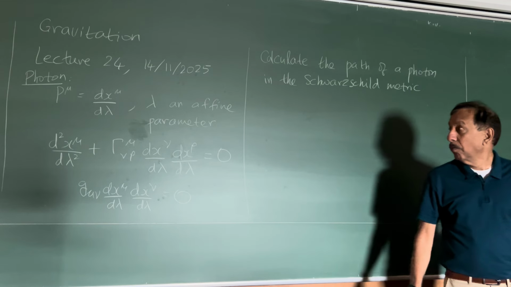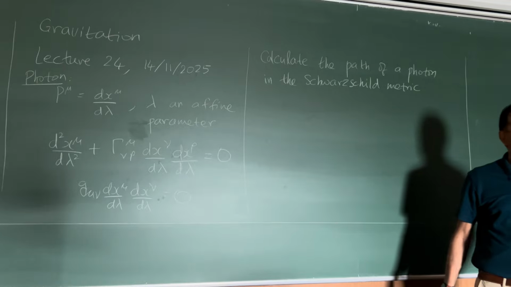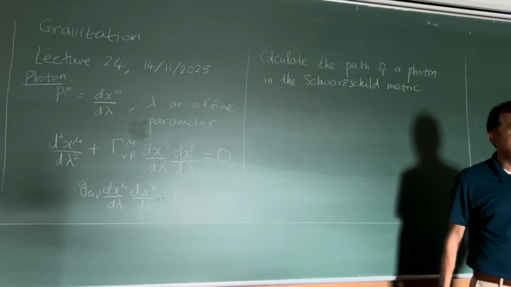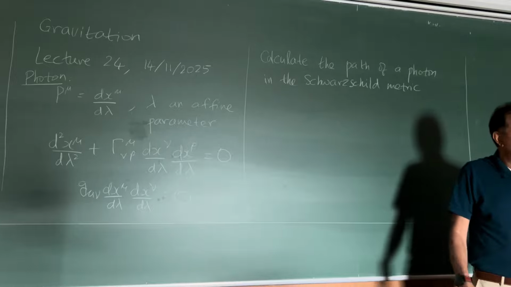And it's obvious why we want to do that, because this will give me a prediction for how light behaves when it passes by a star or a planet. That's something that we can hope to measure.